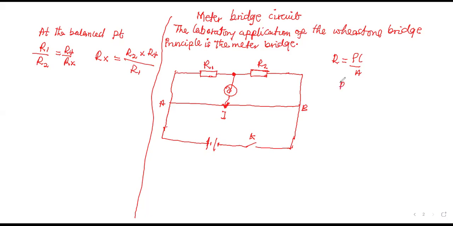Don't forget R is directly proportional to L, since rho and A are constant. So varying the length of the wire AB varies the resistance. Are we okay? So the length of the wire AB is there to compensate for the variable resistance. As we vary the length, we are varying the resistance of the conductor.